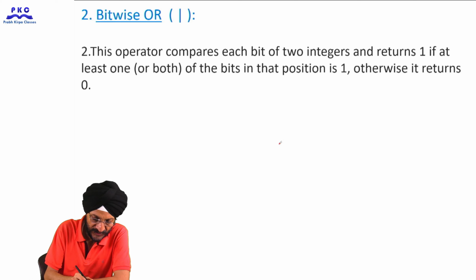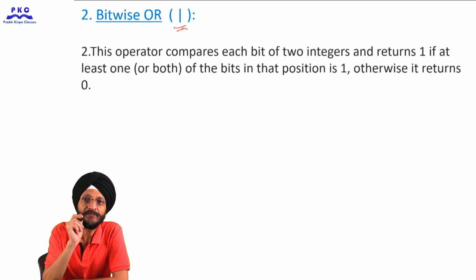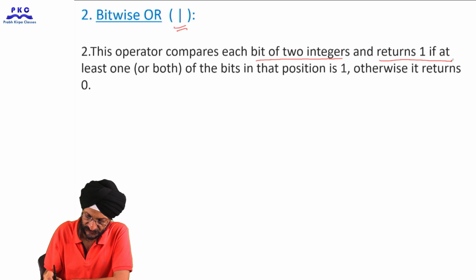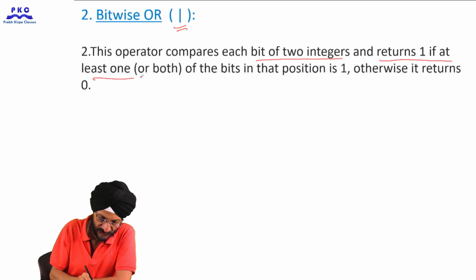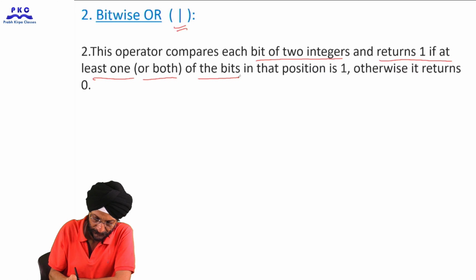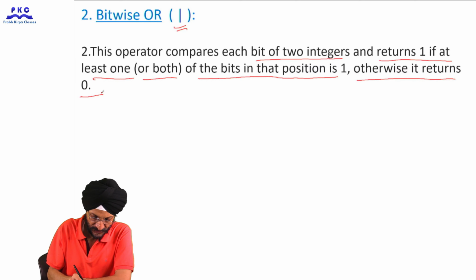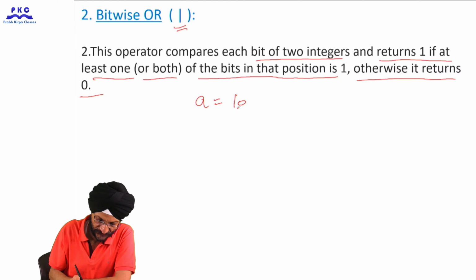This is the sign. This operator compares each bit of the two integers and returns 1 if at least one or both the bits in that position are 1, otherwise it returns 0. We take the same values A, 10 and B, 13.